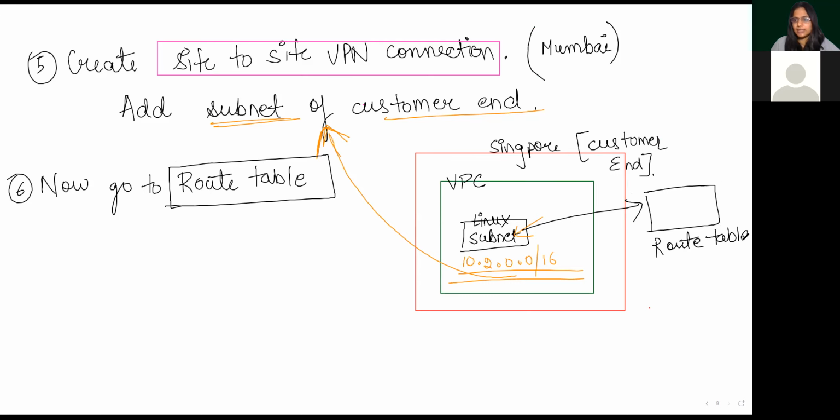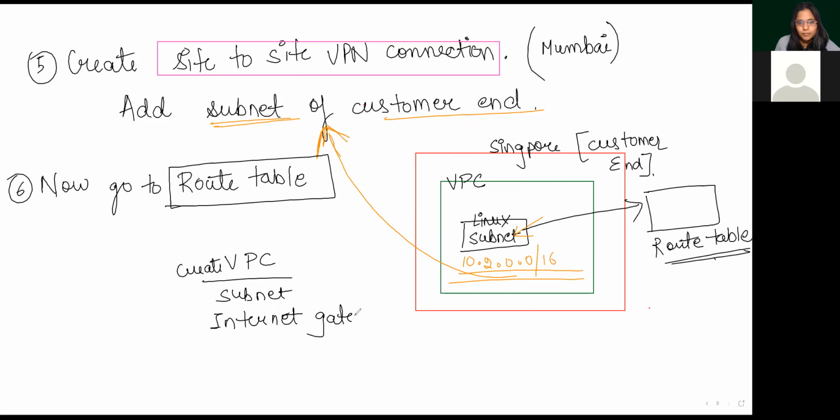We know, right, all these steps, we are clear that while we are creating a VPC, first of all, we create a VPC, right? Then we create a subnet. Then we create an internet gateway. Then we create a route table, right? These steps we have already done.